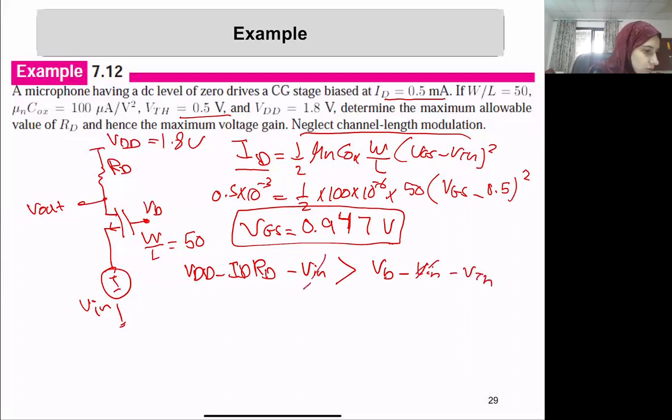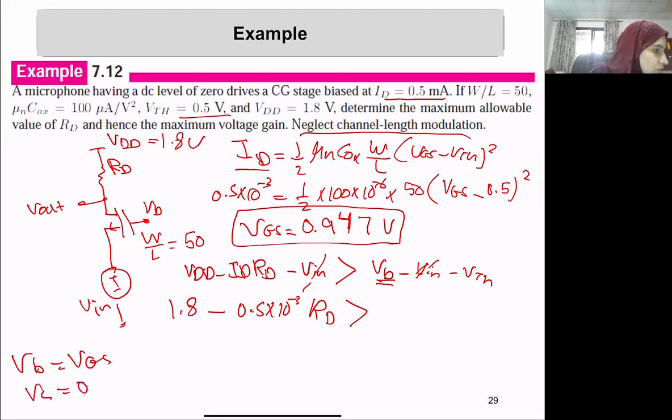Vs is Vn here. And VDD is 1.8, minus ID which is 0.5 milliamp, times RD. Now, what is the value of VB? VB is equal to VGS.